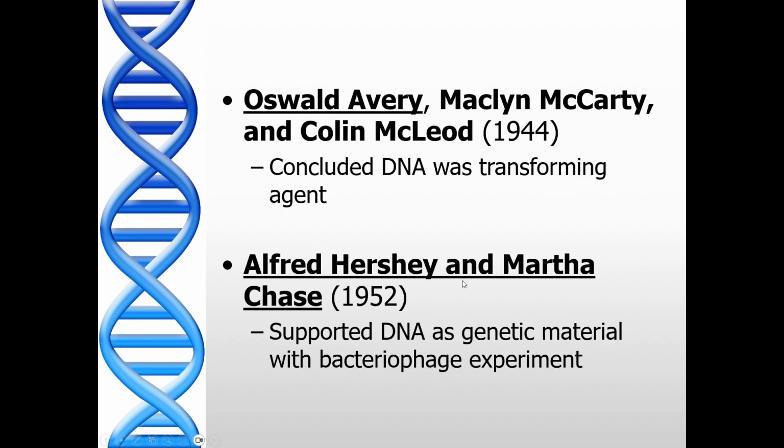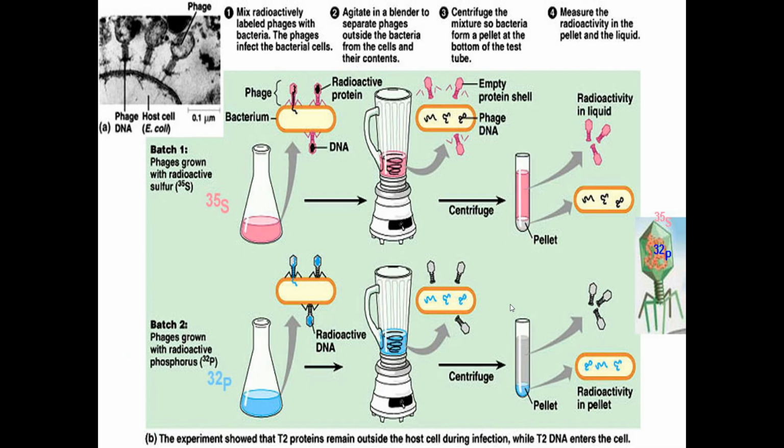Now this was further supported, okay, you can see several years passed, but this was further supported by an experiment done by Hershey and Chase. And this is another one that supports DNA as genetic material. And they did what's called the bacteriophage experiment. I want to say sometimes it's called the blender experiment, but this is kind of what they did.